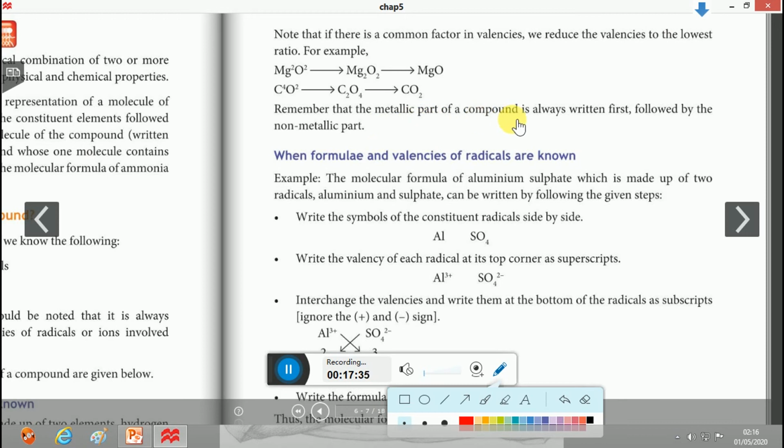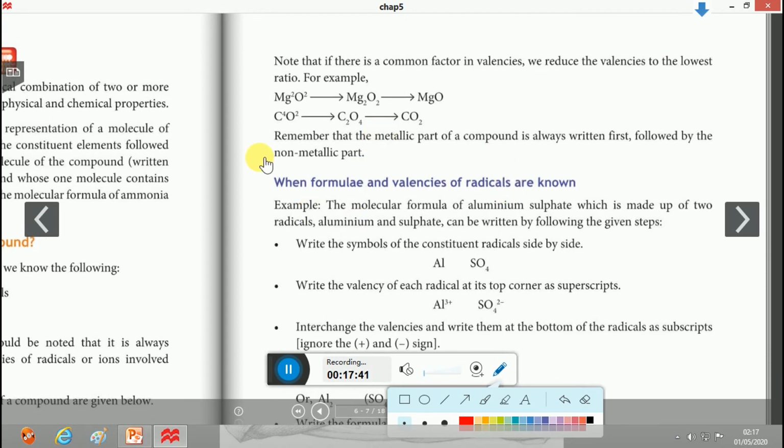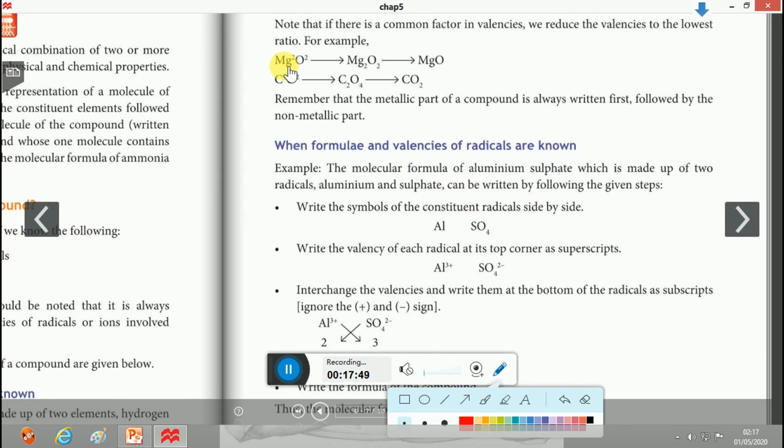Next, remember that the metallic part of the compound is always written first, followed by the non-metallic part. That means the basic radical should be written first and the acidic radical should be written next. In a similar line, magnesium oxide, Mg magnesium, the valency of magnesium is 2 and the valency of oxygen is 2.